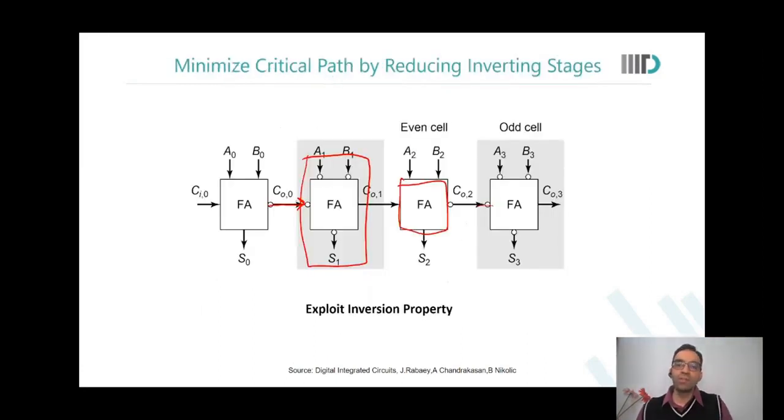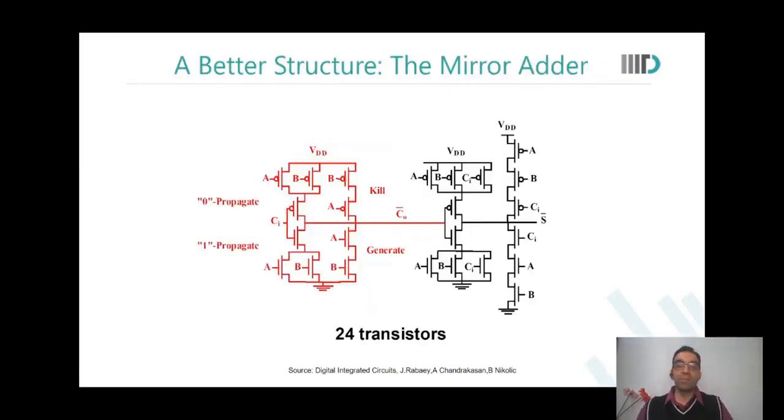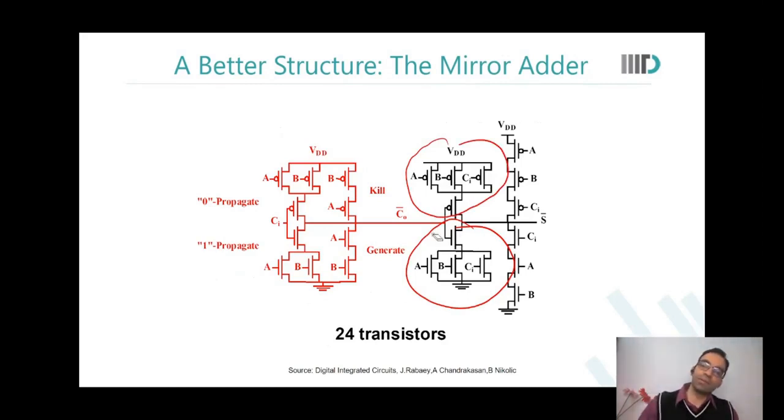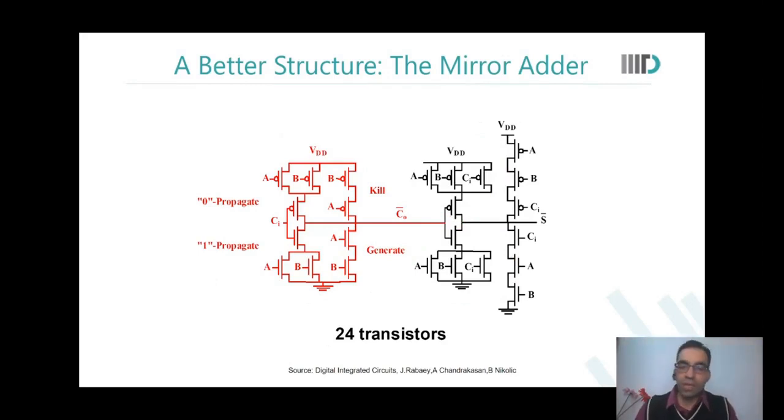That is where the mirror adder figures in, where you will see that the NMOS and the PMOS parts are kind of mirrors of each other. And again, the circuit works fine, where you give CI from here, and you get Cout bar and S bar as outputs there.